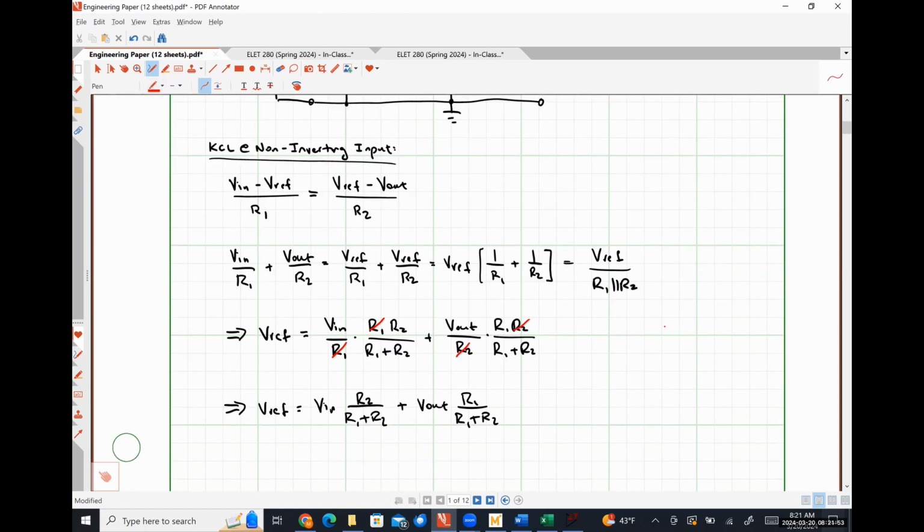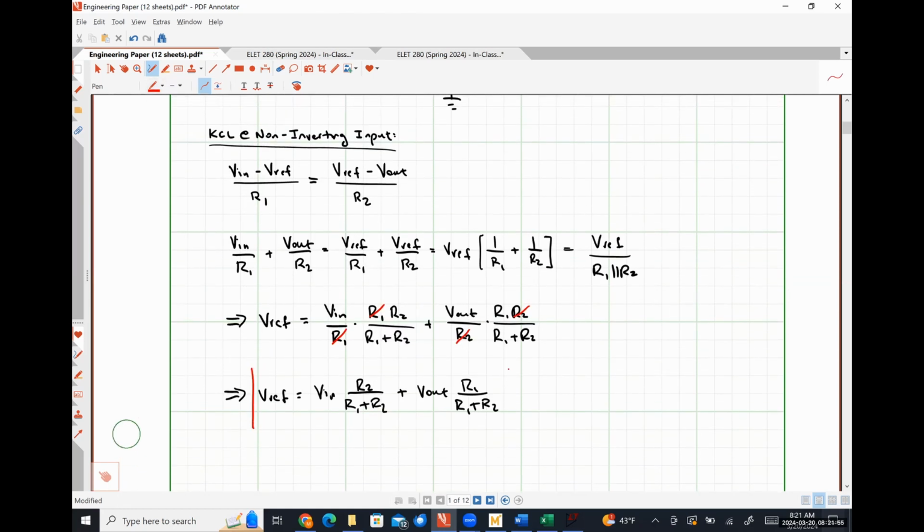And it's this equation right here that actually tells us where our upper and lower trigger limits are going to be. So this is kind of like the characteristic equation for this non-inverting Schmitt trigger circuit. So let's define a couple of those here.